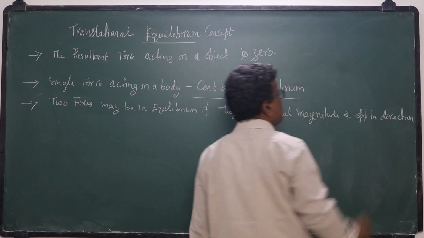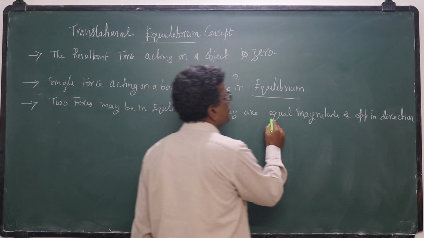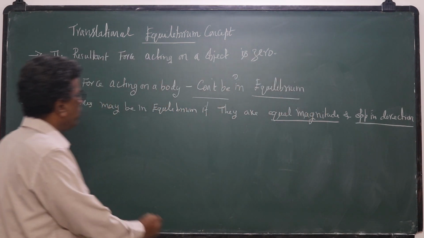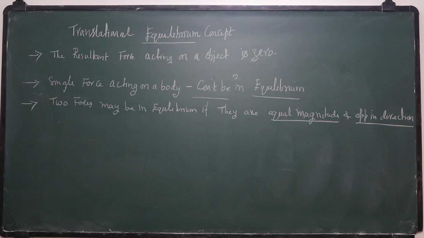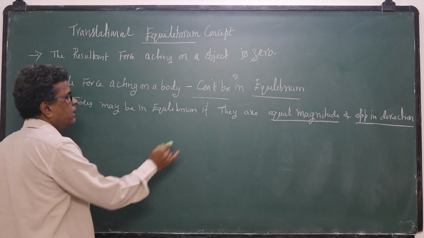Then there may be a chance of equilibrium. Equal magnitudes and opposite directions keep a body in equilibrium. If this condition fails, the body cannot be kept in equilibrium.